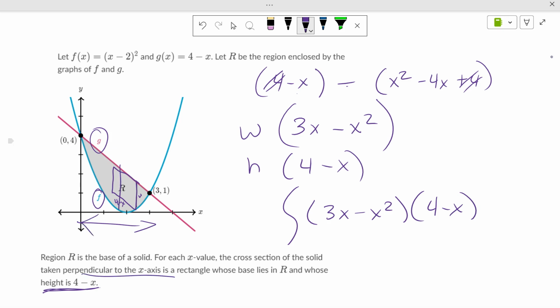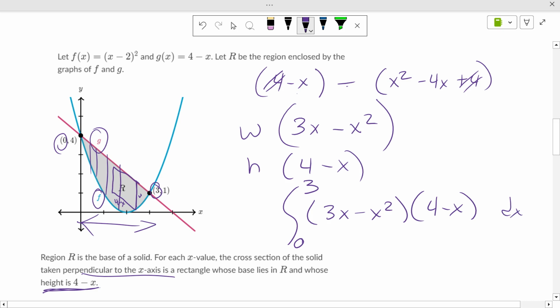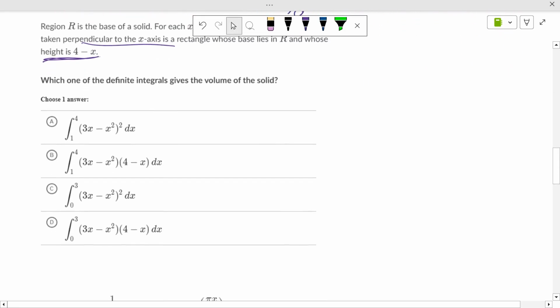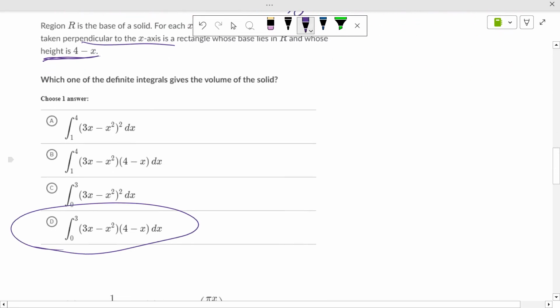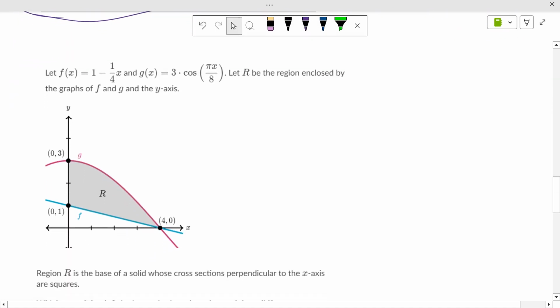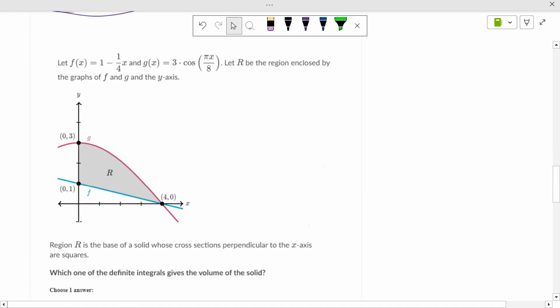So these are going this direction, perpendicular to the x-axis. So it's from the x value here to the x value here, from 0 to 3 dx. So which one is that? From 0 to 3 of this one.